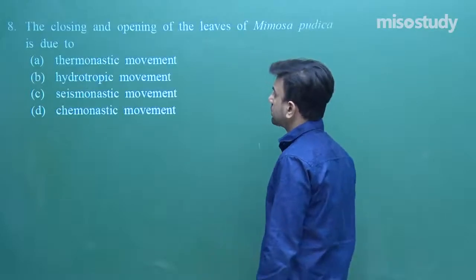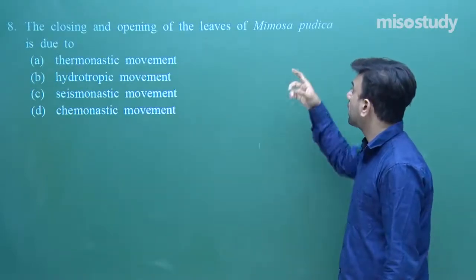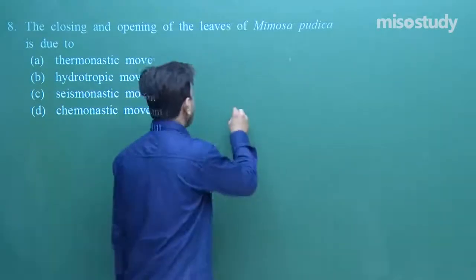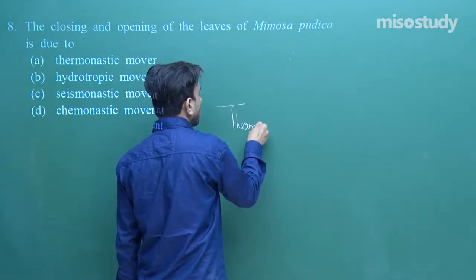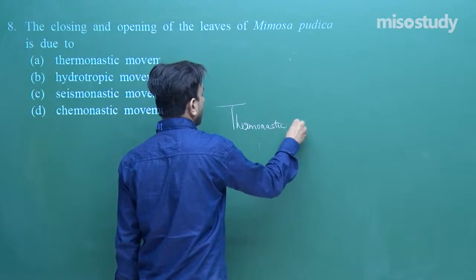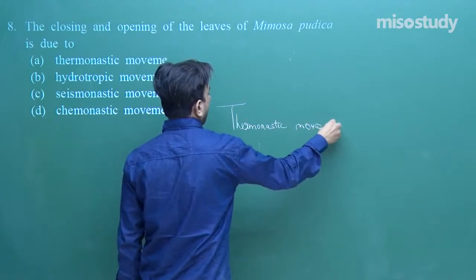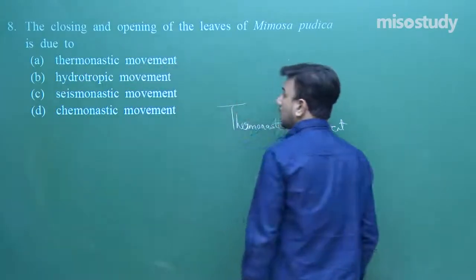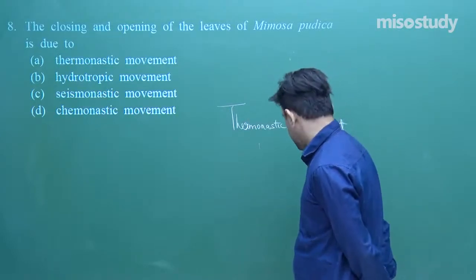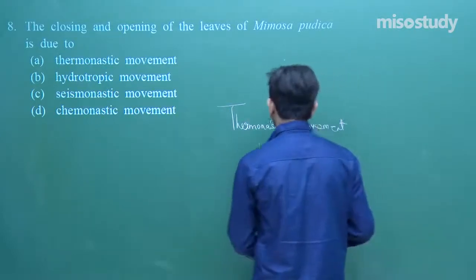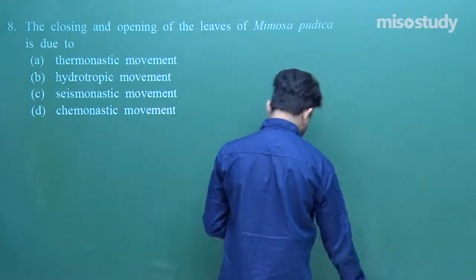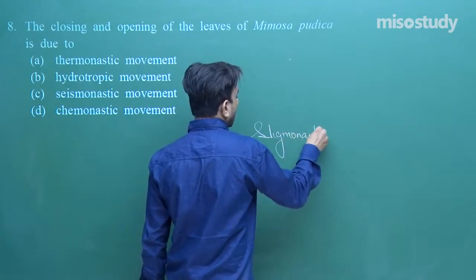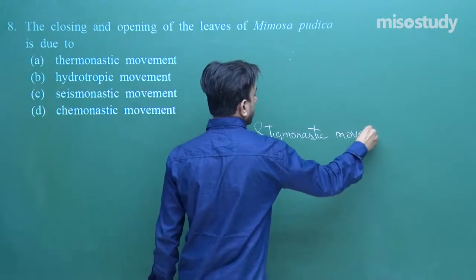Let's now move on to the next question. The closing and opening of the leaves of Mimosa pudica, the touch me not plant, is due to, we can say, a seismonastic movement.